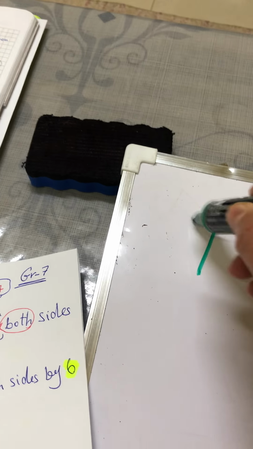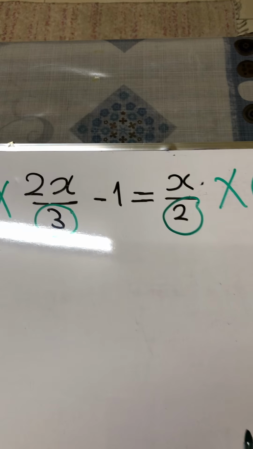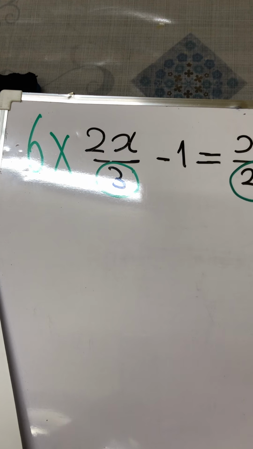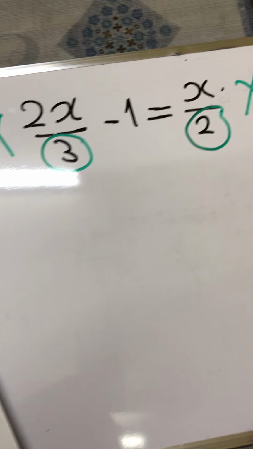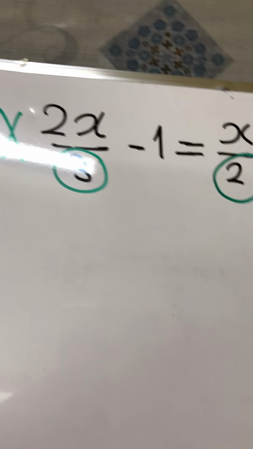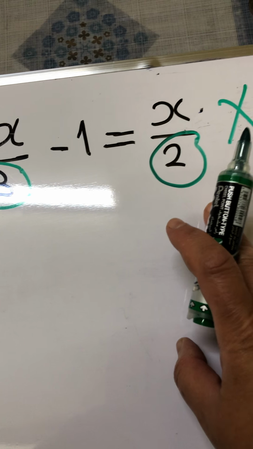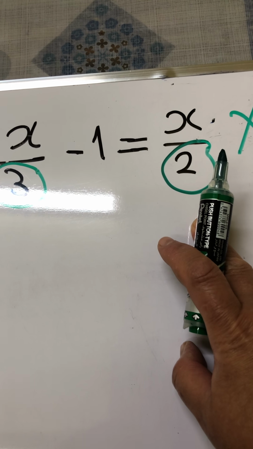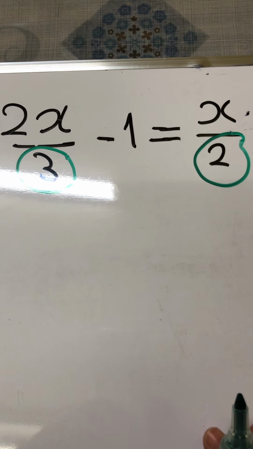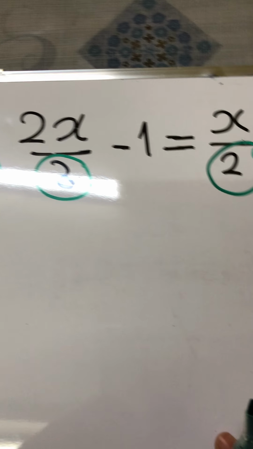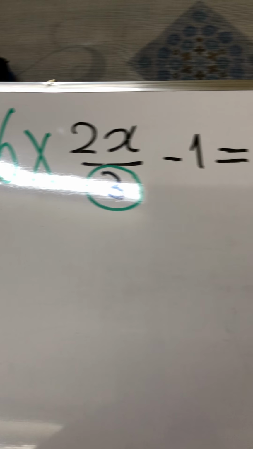So I'll multiply both sides by 6, to clear the denominator.